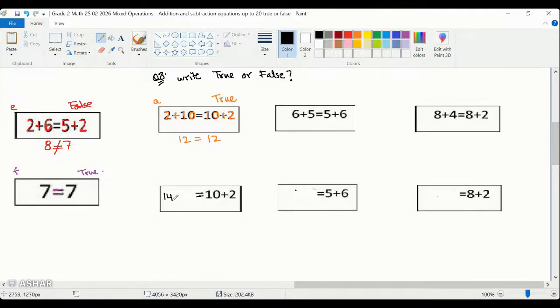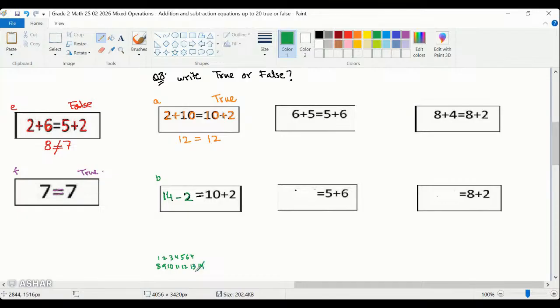If I say 14 minus 2 is equal to 10 plus 2 in part B. So if I'm saying 14 minus 2, what should be 14 minus 2? We can write the numbers 1, 2, 3, 4, 5, 6, 7, 8, 9, 10, 11, 12, 13, and 14.